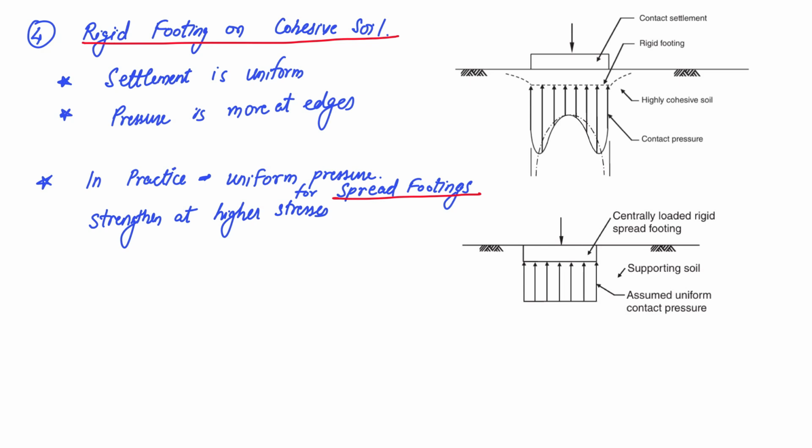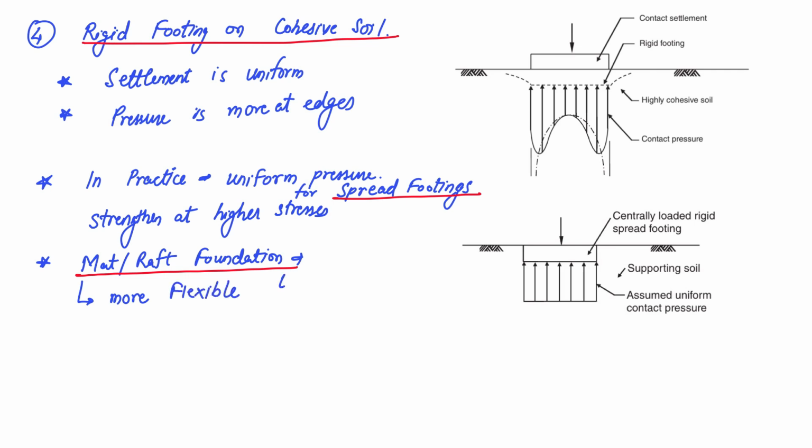Now, if we talk about a mat or raft foundation, the problems of contact pressure distribution and deformation are quite different from those of spread footings. Usually, mat foundations have a much smaller thickness to width ratio, and thus are more flexible than spread footings. Therefore, the assumption of rigidity is no longer valid.